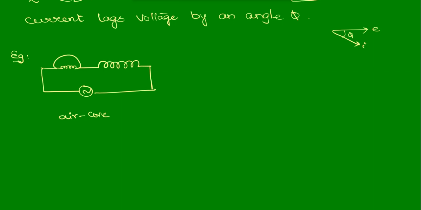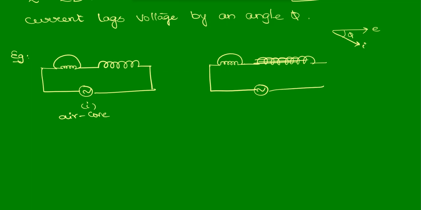This is case 1 where air is the core. Now in the second case, for the same inductor, a ferromagnetic core is filled. Case 2 is ferromagnetic core. Then what happens to the brightness of the bulb in the second case?